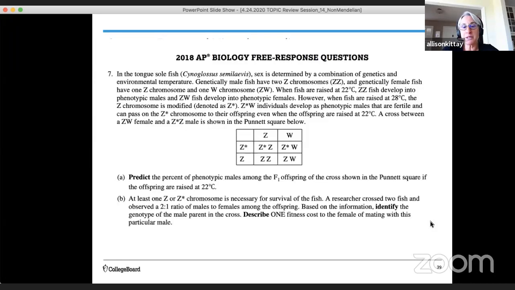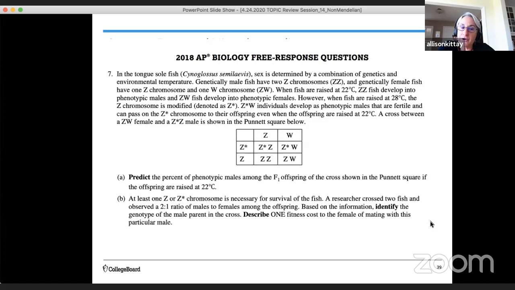They're showing a cross between a ZW female and a Z star Z male in that Punnett square. You are asked to predict the percent of phenotypic males among the F1 offspring of this cross if the offspring are raised at 22 degrees C. Then you are given another task, which is that if at least one Z or Z star chromosome is necessary for the survival of the fish, a researcher crossed two fish and observed a 2-to-1 ratio of males to females among the offspring.